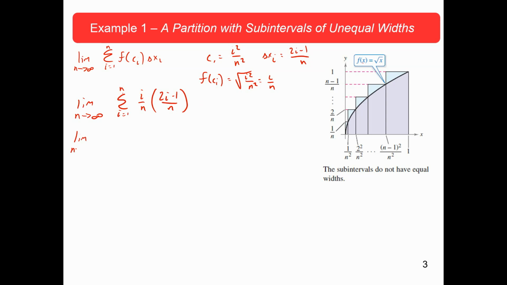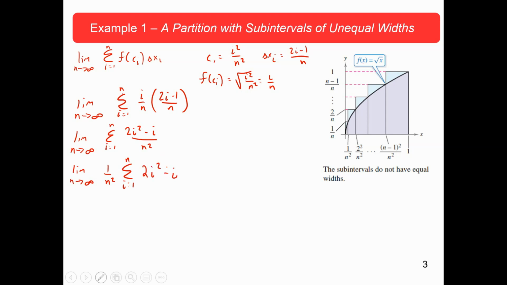So we're talking about the limit as n approaches infinity of the sum from i equals 1 to n of 2i squared minus i over n squared, which is the limit as n approaches infinity of 1 over n squared, the sum of 2i squared minus i.